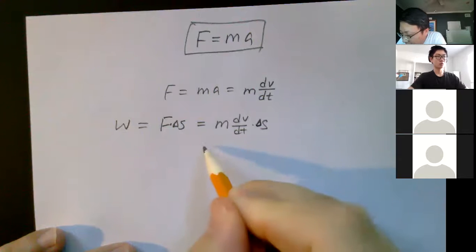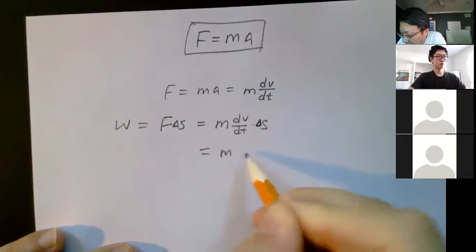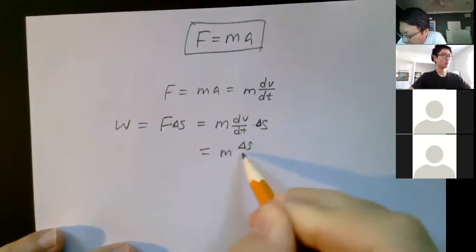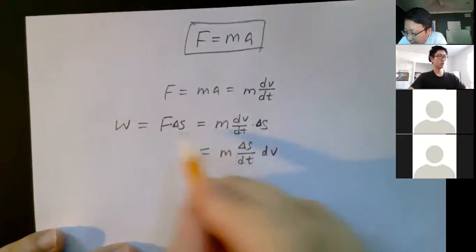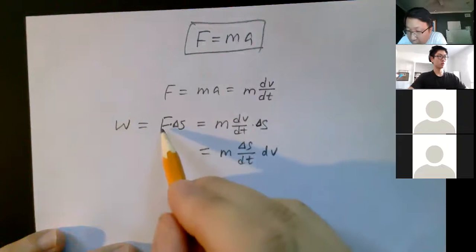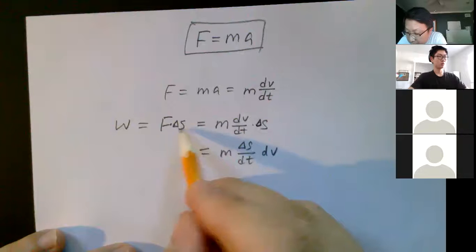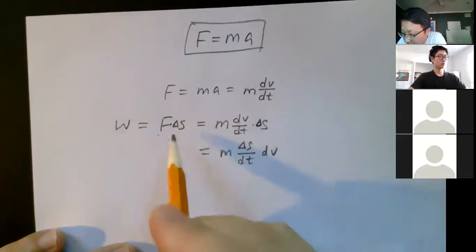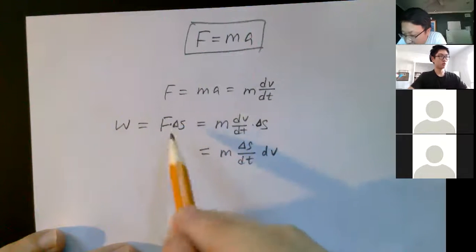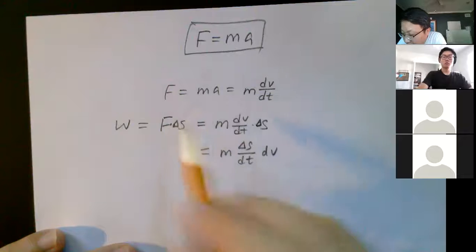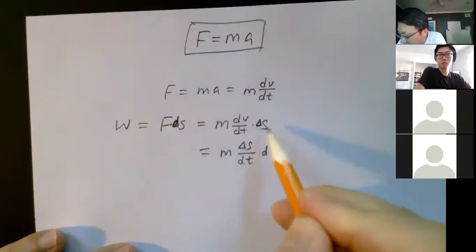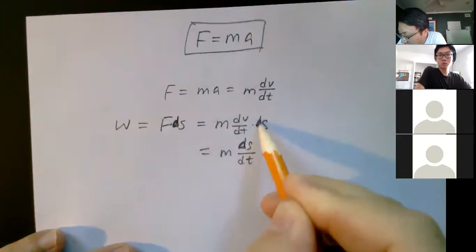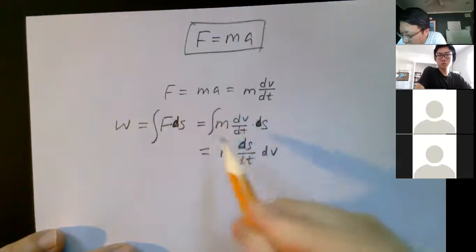Okay, so this actually becomes m delta S dv/dt. Of course, the force and the position are keep changing, so eventually you change this to infinitesimally small delta S, delta S, delta S, then you do the integral, correct?